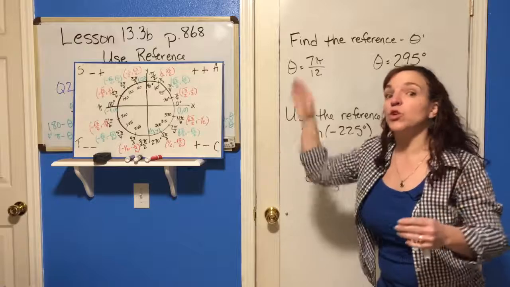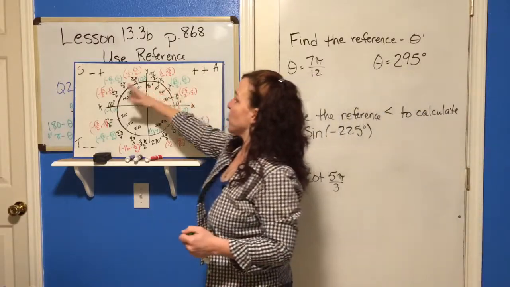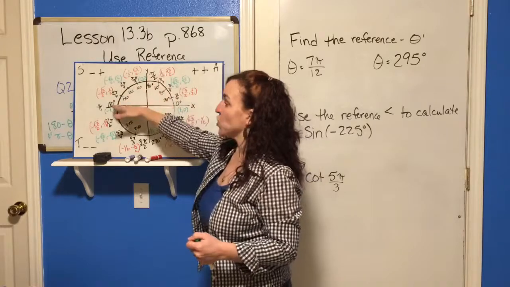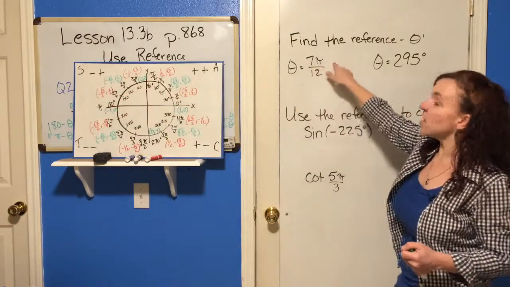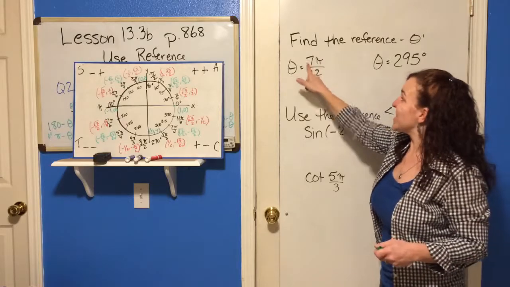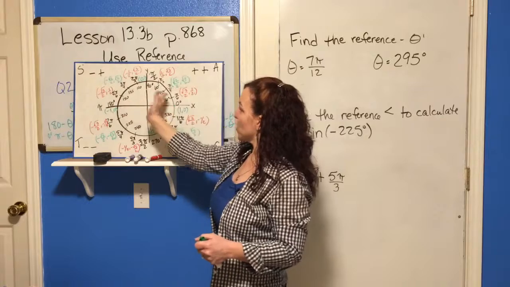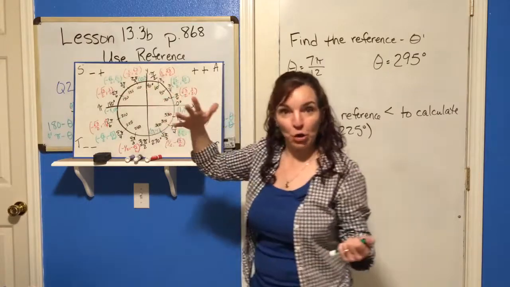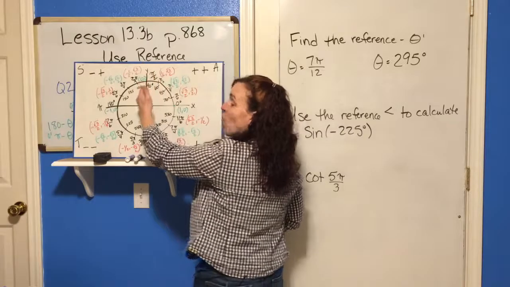If you remember, with the unit circle, pi is 180 degrees, or halfway around the circle. All right? So what this says is 7/12 of pi. So we want 7/12 of this semicircle, right? And we know that 6/12 is halfway there.